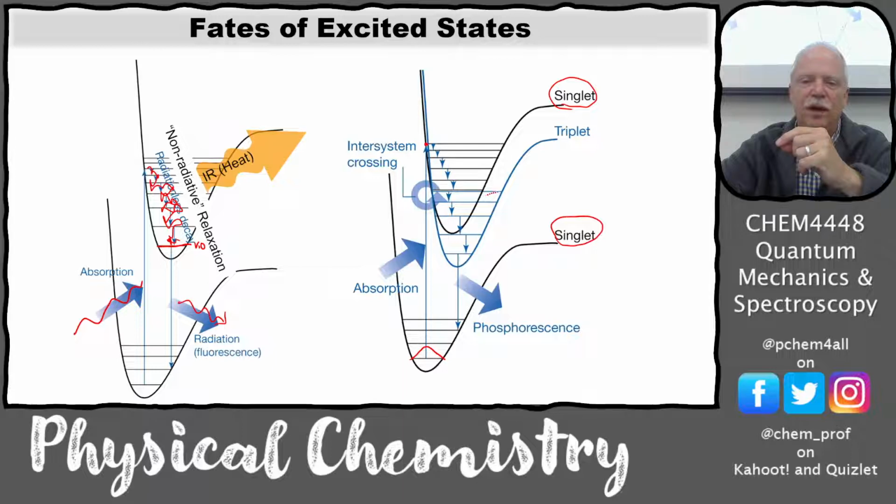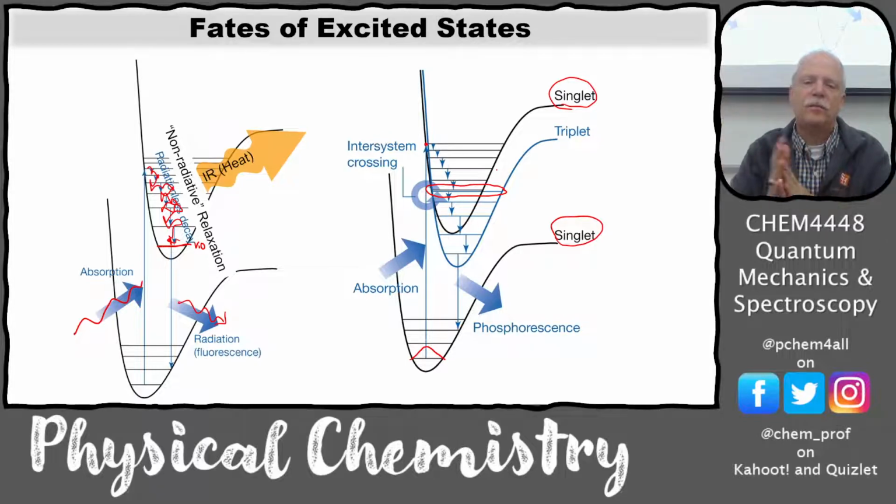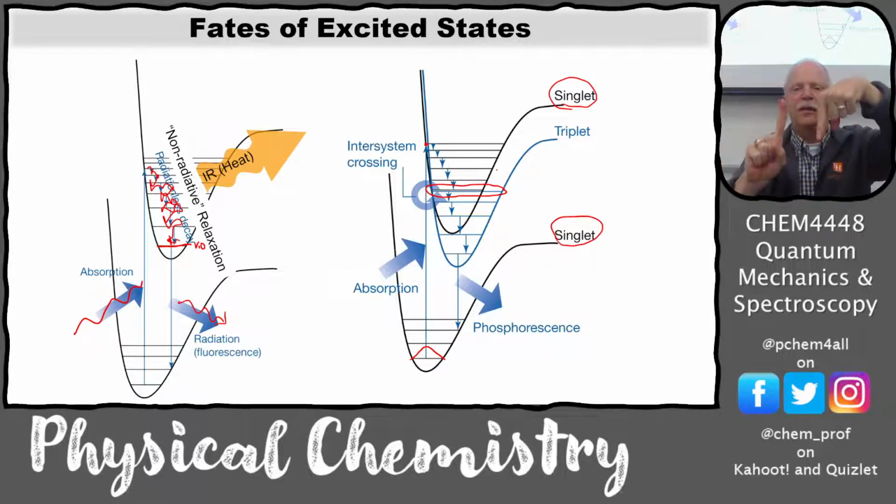And right here, we have two vibrational levels that are very similar in energy. Notice they have a different width, but they have the same sort of vertical energy. And so here, let's just take 2 electrons. In the ground state, we have a spin up and a spin down electron.